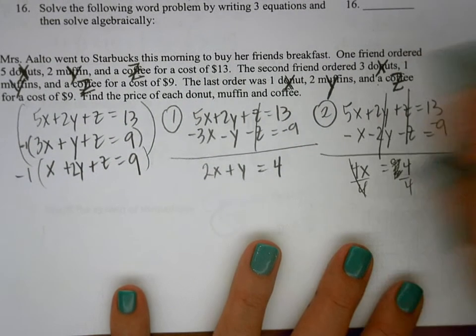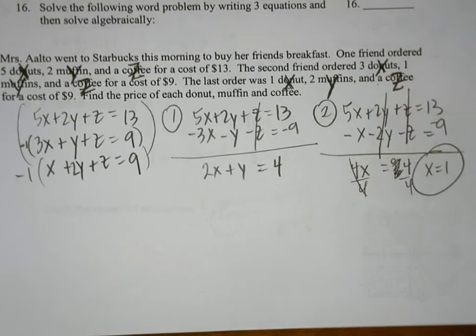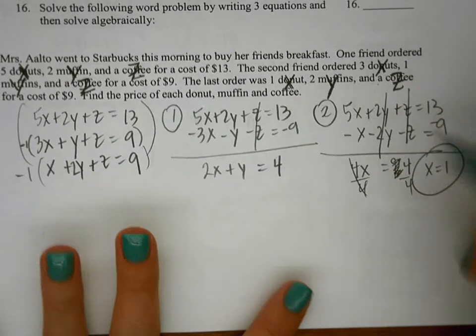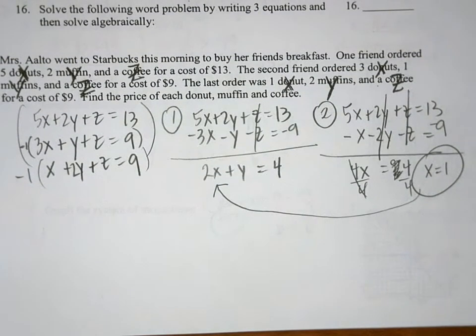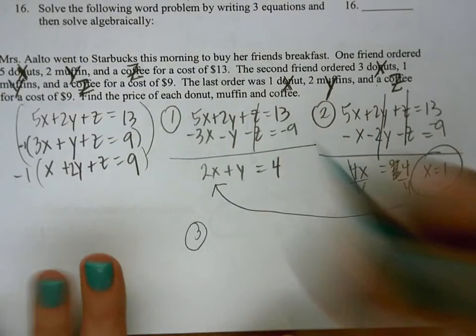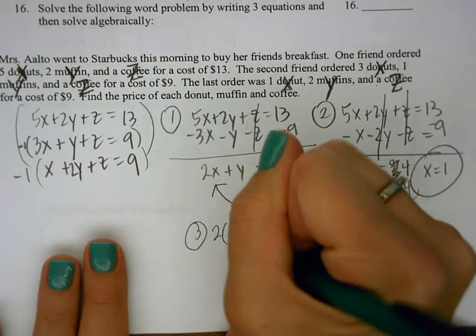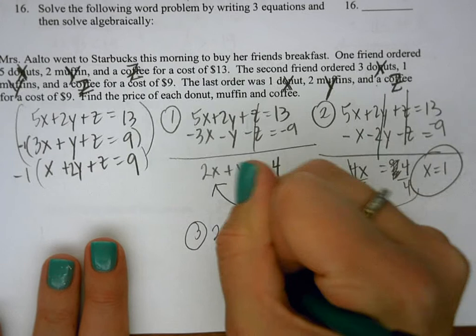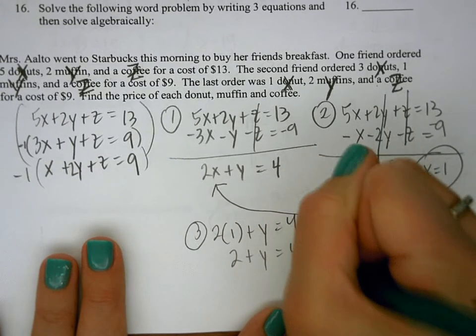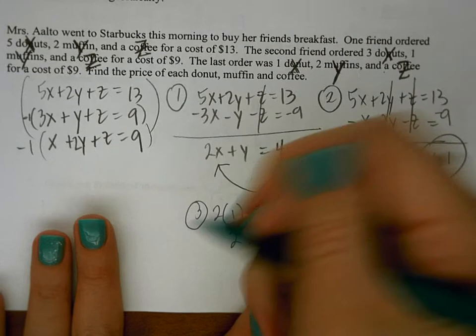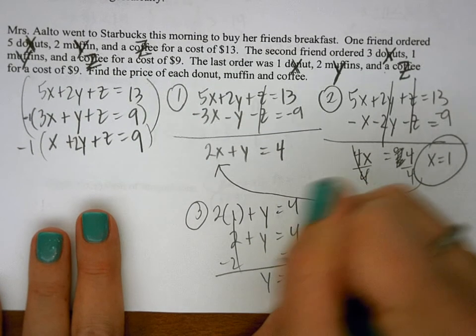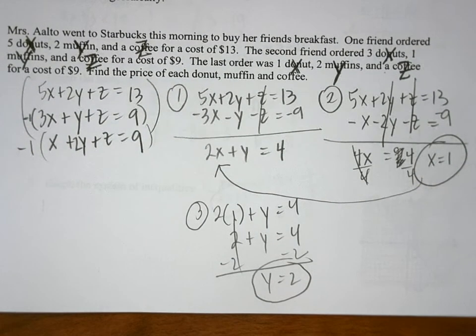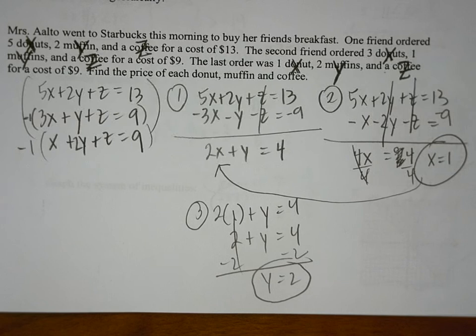X equals 1. Well, now that we have an x answer, I can just take this x value and plug it in right there. Okay, so step 3, we have 2 times 1 plus y equals 4. 2 plus y equals 4. Subtract 2, and y equals 2. And then last, we would take all these answers and plug them into an equation, which let's just plug into this equation.